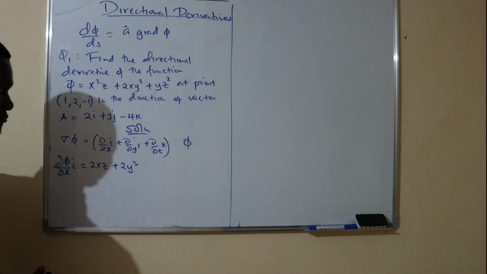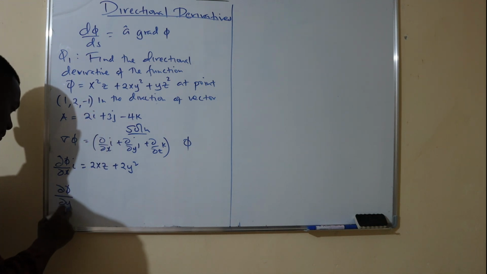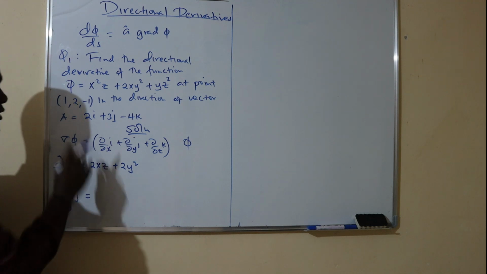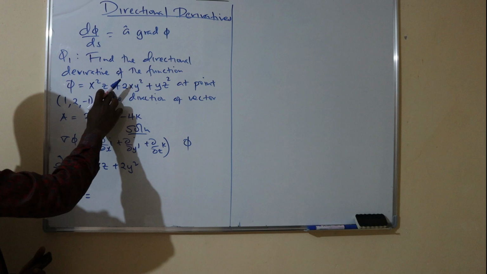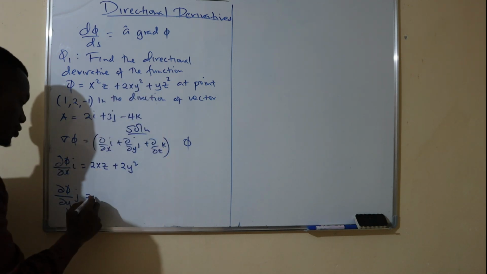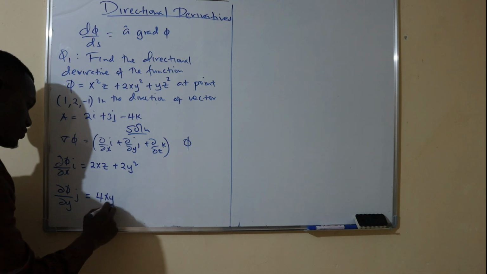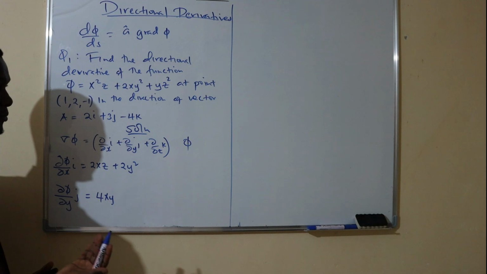Then d phi dy, then j, again differentiating the same function with respect to y. We don't have a y here, so we don't differentiate it. We come to this function, we have a y squared, so we drop the 2, we have 4x y. Remember, you're reducing the power by 1.